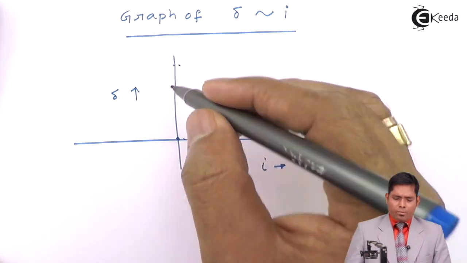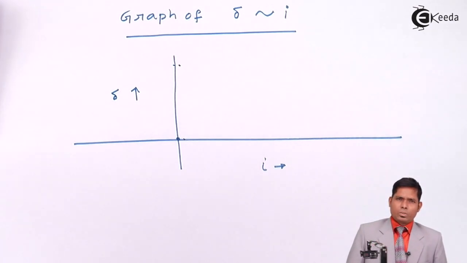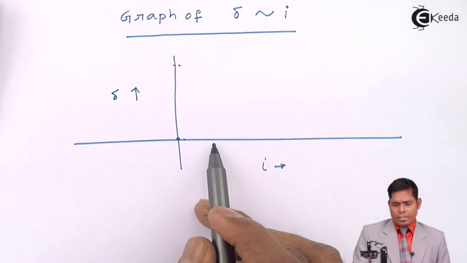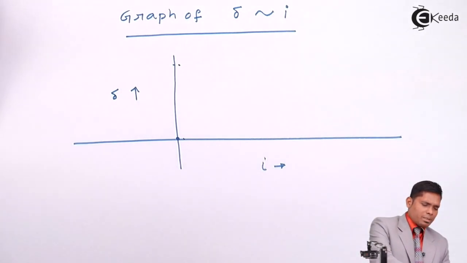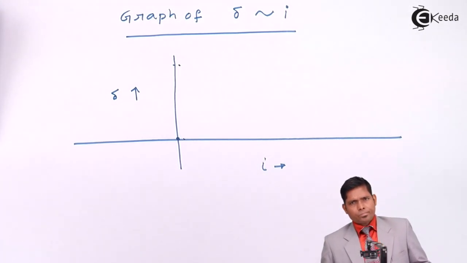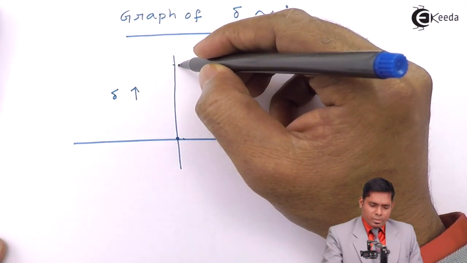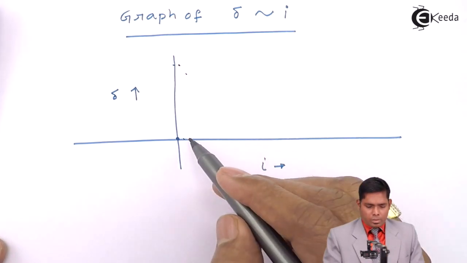It will have very high value of deviation. The deviation will be maximum as this I is towards 0. So for this case, it is the maximum. It's very high at lower angle of incidence. Gradually, as the angle increases, this value drops to this point.